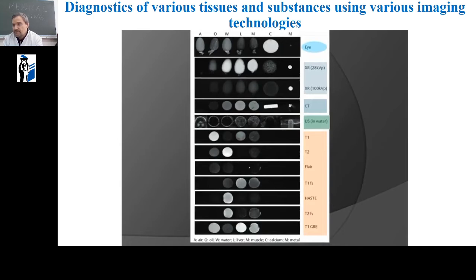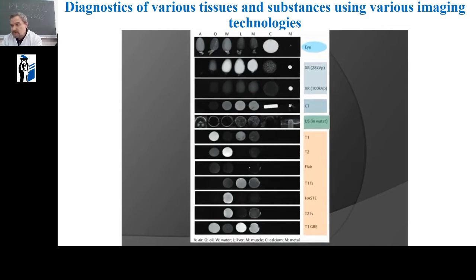The names of various substrates are indicated in the upper horizontal row: air, adipose tissue or oil, water, liver, muscles, calcium, and metal. This is a simplified spectrum of densities that we must recognize in the diagnosis of pathological process.